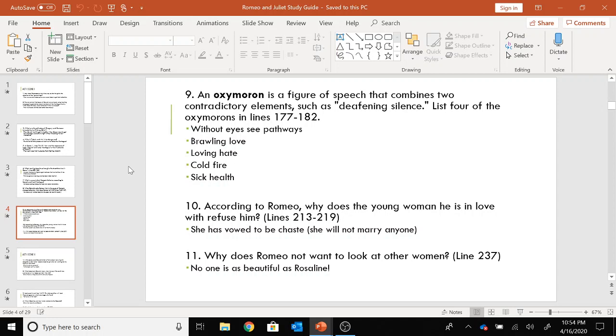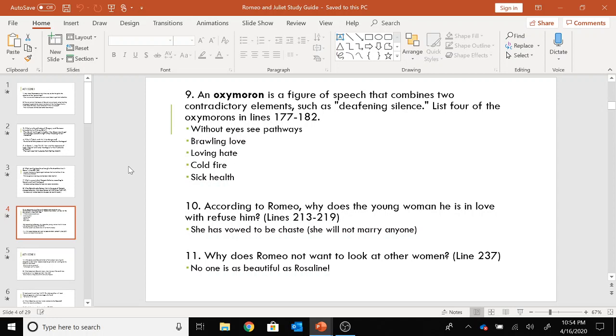So when he says he is in love with Rosaline and that he has never seen someone as beautiful as her, we know that is not how this story goes. This is not how this story is going to end. In fact, it is going to be Juliet he is saying these things about in a very short time.